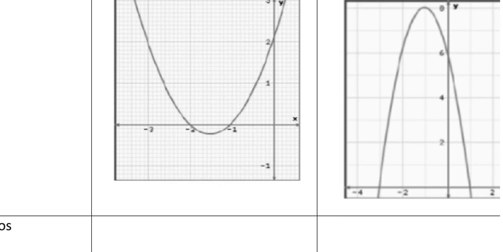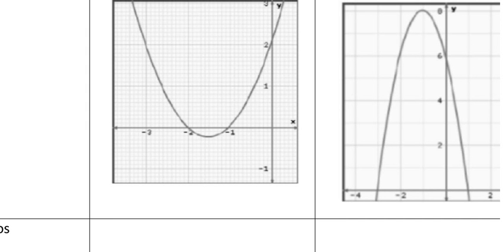Now looking at this graph, I know it's not very clear, but can you tell me what your zeros are? Negative 2 and? What's the other one? Negative 1, yep. So it's right here, and right here. So the two zeros are negative 2 and negative 1, right?